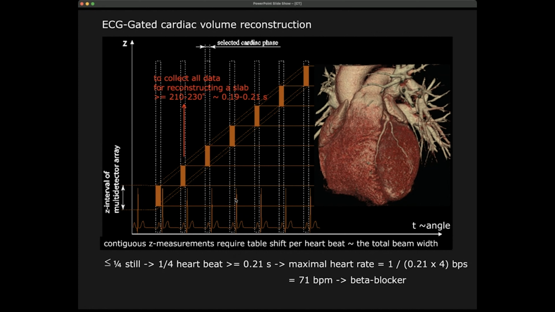That has the disadvantage, as I told you before, that the normal physiological variability in the length of the cardiac cycle will now introduce smoothing. So you cannot do better in the acquisition than this variability.